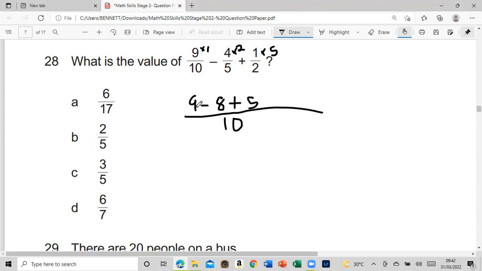Both of these are positive, the 5 and the 9, so we can add them. And we get 14 minus 8, that's 6 over 10. We don't leave it as 6 over 10, right? So we can reduce it, divide both of them by 2, and we get 3 over 5. So the order doesn't matter with addition and subtraction.